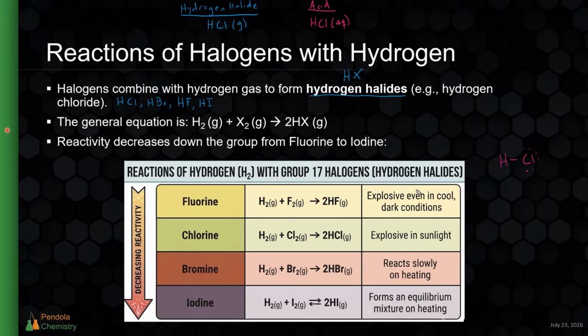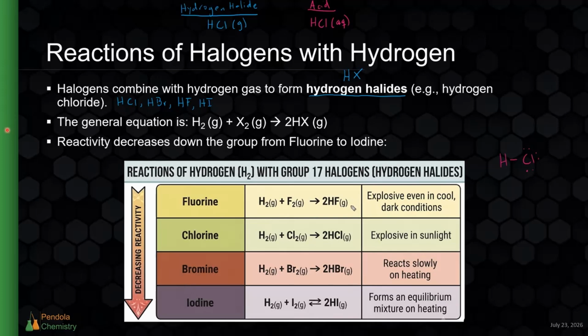The reaction happens with every single one of the halogens, but as we go down the group, it is less reactive, or less explosive, I guess, is a way to say it. We already looked at how the reactivity of the halogens decreases as we go down the group.